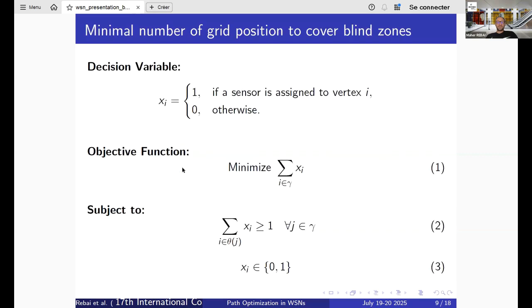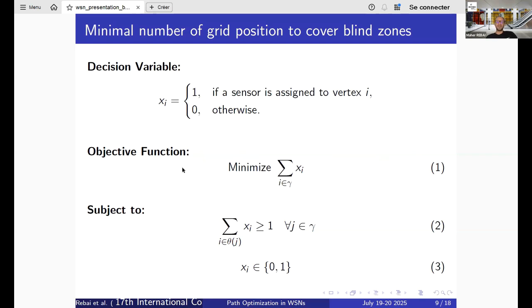For the second step, which consists of minimizing the number of grid positions to cover blind zones, we have proposed a binary integer linear programming model, which uses the decision variables xi that take one if a sensor is assigned to vertex i and zero otherwise.